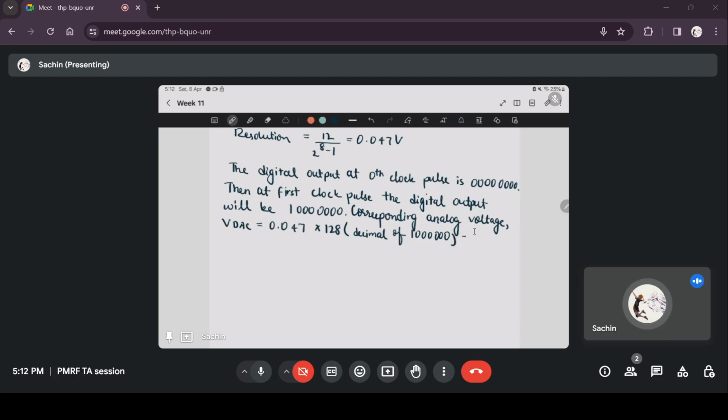So this is 6.02 volts, which is greater than 4.75 volts.